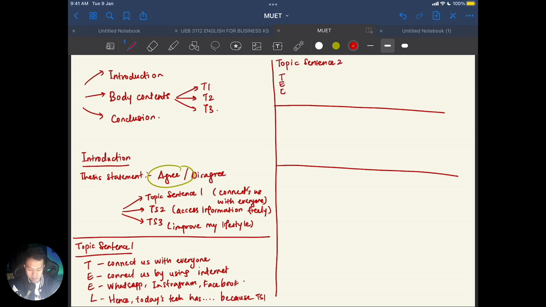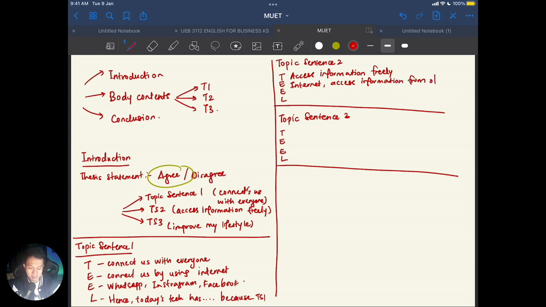TEEL. Okay, topic sentence 2, T. What is our second topic sentence over here? Access information freely. How do you want to explain that? Internet, and access information from other countries.